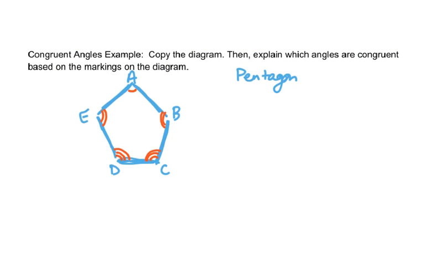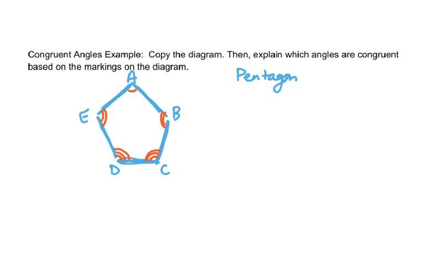So go on ahead and pause a minute and get this diagram written down before we talk about which angles are congruent to each other. So this five-sided shape is a pentagon, and so we know that certain angles are congruent to each other based on this diagram. So we look at angle A, and it's the only one with an arc, so it's not congruent to anything else.